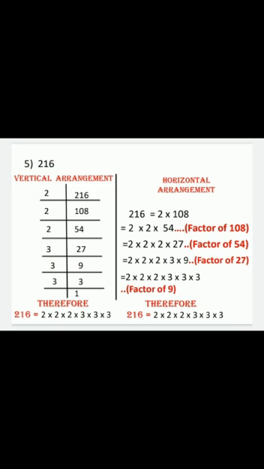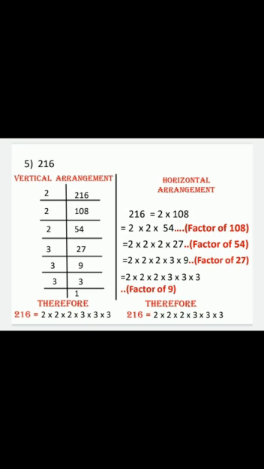Then in horizontal arrangement, 2 into 108 is equal to 216. Then you are going to find the factors of 108, that is 2 into 54. So you will write 2 into 2 into 54. Then the factors of 54 is 2 into 27. So you will write 2 into 2 into 2 into 27. Then the factors of 27 is 3 into 9.